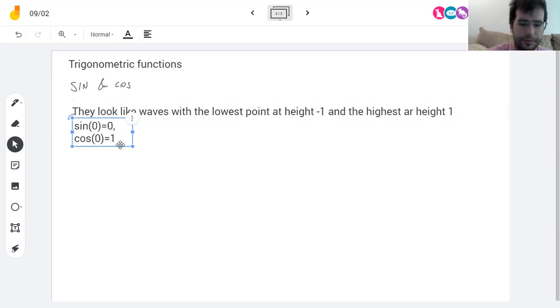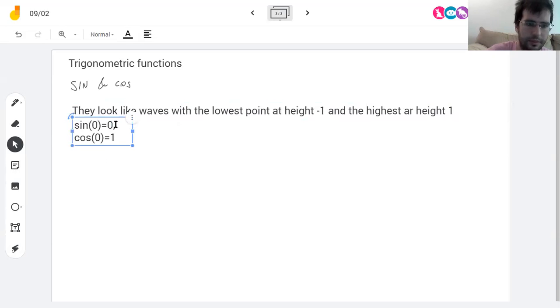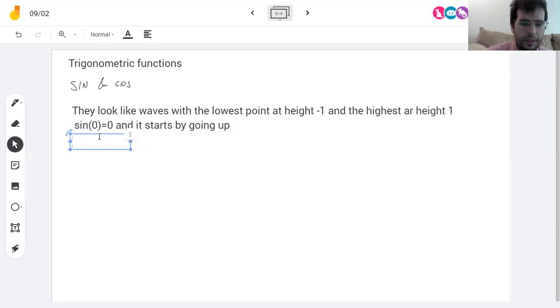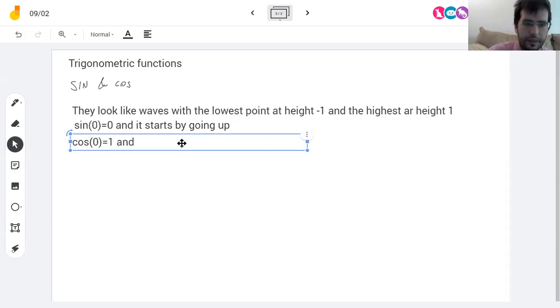Sine of 0 is 0, and it starts by going up. Cosine of 0 is 1, and it starts by going down, which you can remember by drawing the triangles.